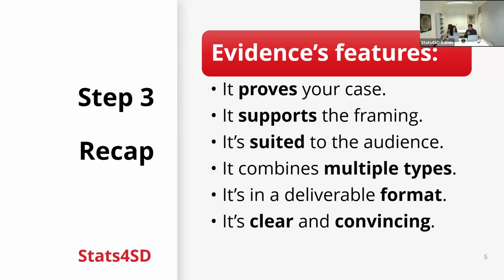Remember that evidence is information that you use to demonstrate your claim. And the difference between information and evidence is that information is passive, it is just there. When you use it to support your claim, that information becomes evidence.